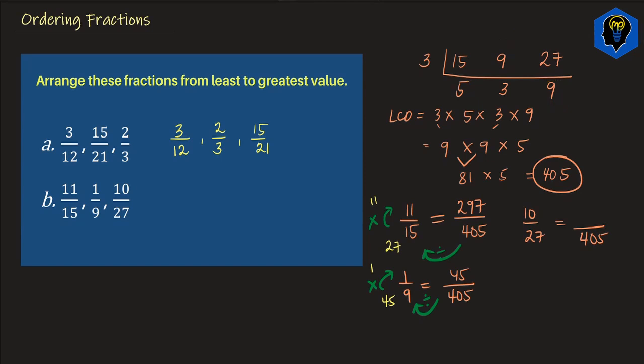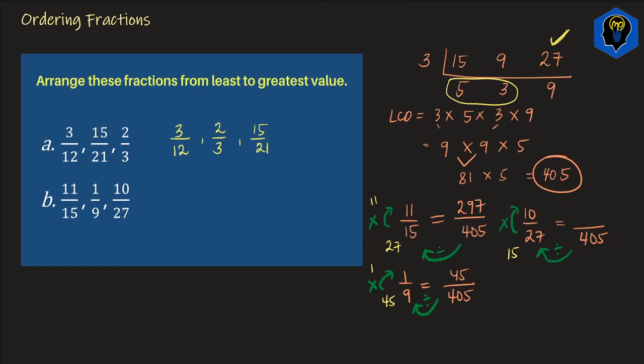Kada, paulit-ulit yung ginagawa natin. So, 405 divided by 27 is, ito yung 27. So, you just have to consider 5 and 3. So, 5 times 3 is 15. So, there's no need to do long division. Okay? 405 divided by 27 is 15.